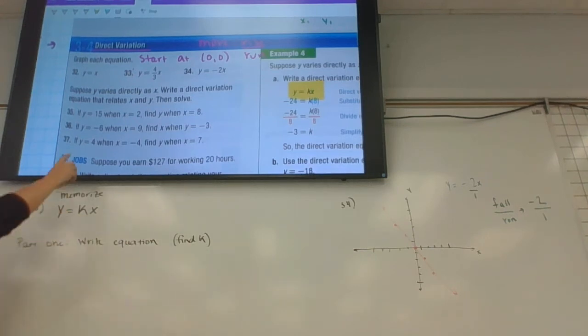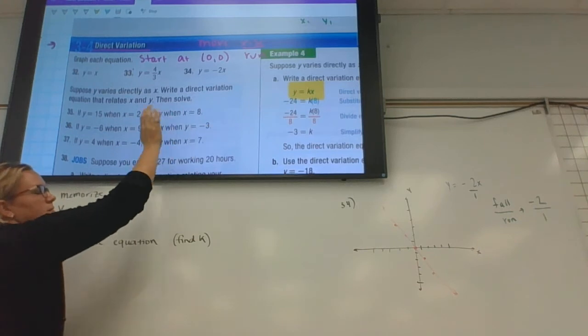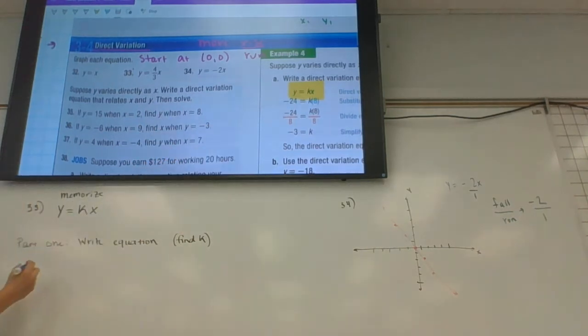So we'll plug in the y value here and the x value here. Ignore the last number. It's not important for part one. So this is 15 equals k times 2. Plug in your y, plug in your x, plug in your k. You're solving an equation, so the opposite of multiply is divide.